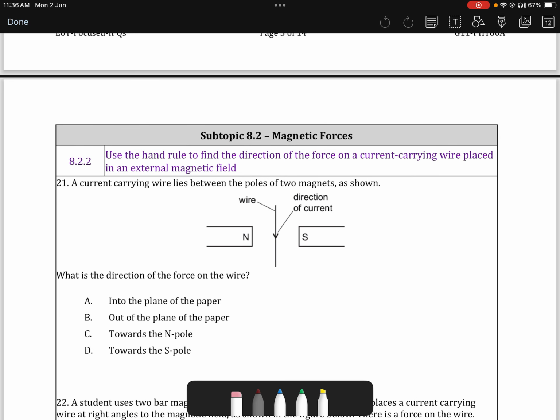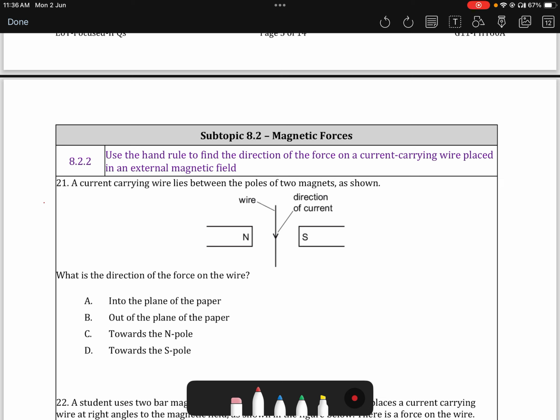Okay, for subtopic 8.2, let's start with this question. What is the direction of the force on the wire? First, we need to determine the direction of the magnetic field.